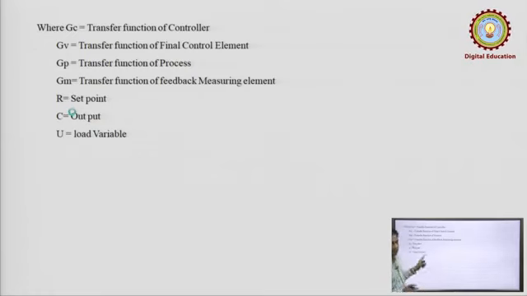I already told you about the transfer functions of the various elements: GC denotes the transfer function of the controller, GV the final control element, GP the process, GM the measuring element, R the set point, C the output, and U the load variable.